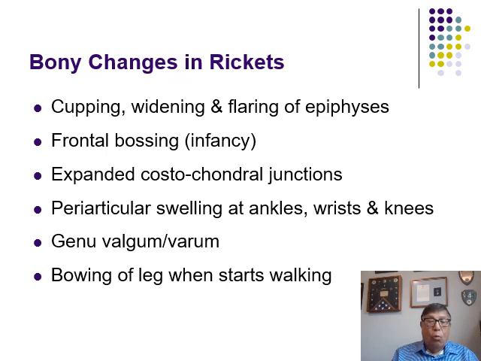In infancy, if it is severe vitamin D deficiency, you get prominence of the frontal bone, called frontal bossing. One will also see expansion of the costochondral junction, and in severe form, they form a sulcus, they call pigeon-shaped chest and Harrison sulcus.